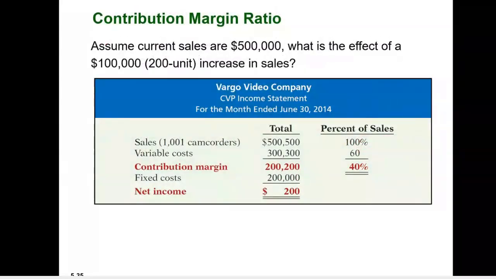So there you are now responsible for three new concepts: contribution margin in total, contribution margin per unit, and the contribution margin ratio. In the next module, then, we will continue this by determining, as you've already seen, the break even, then the target net income, and then the margin of safety.